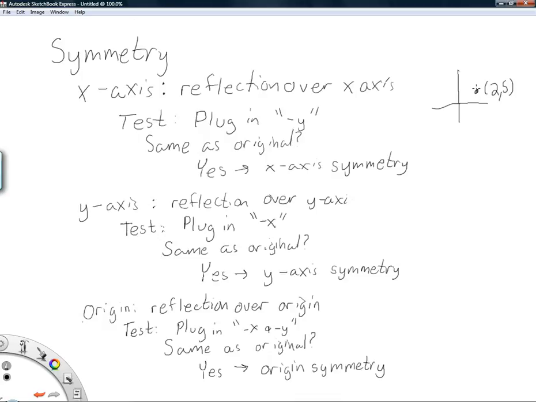If I reflect over the x-axis, I would get (2, negative 5). So you can see the y value went from positive 5 to negative 5, and that is why we plug in the opposite of y. So let's go through a variety of examples.